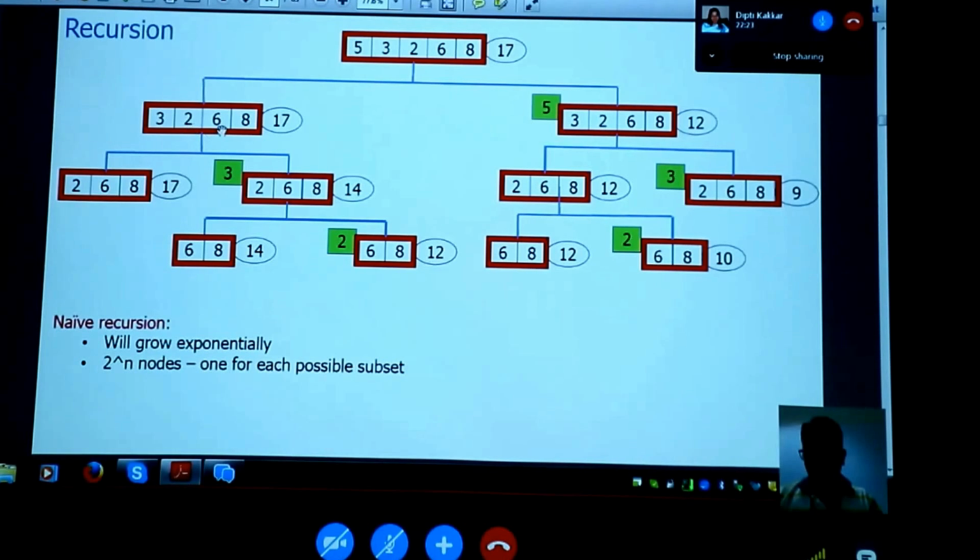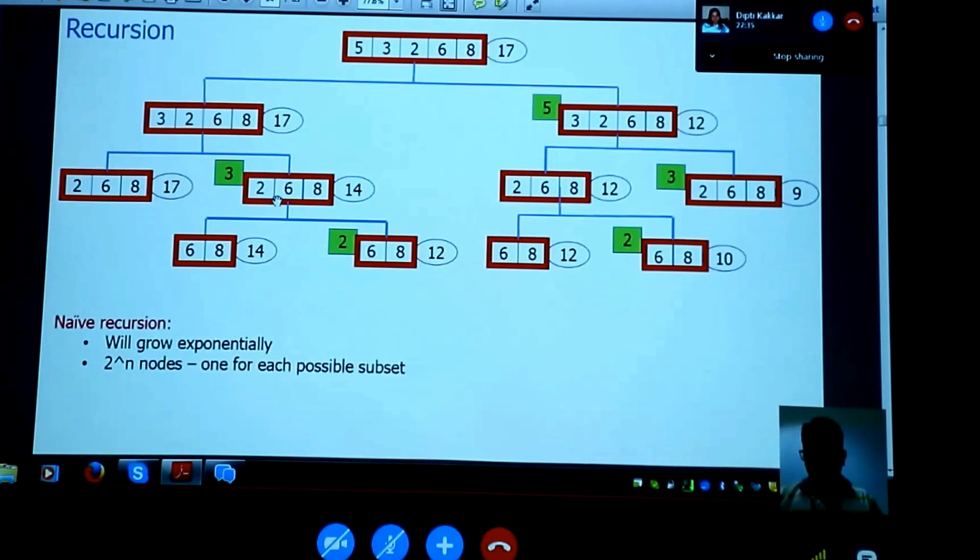We have to explore these two options further. So 3268 has to go further: you can first say that maybe 3 is not there, that is this option, 268 with 17. Then there is this branch where we assume that 3 is there. So you get 268 as the suffix, but you adjust your target to 17 minus 3, which is 14. And you keep going like this.